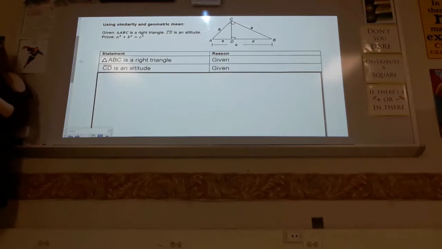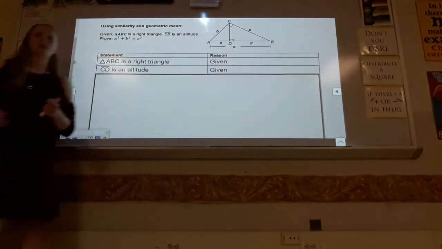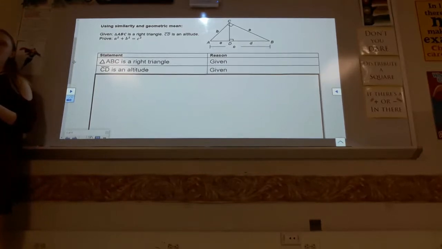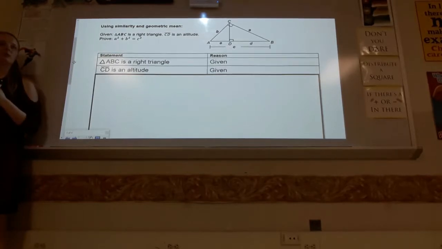So if we know that this is a right triangle and this is an altitude, you guys remember what the right triangle altitude theorem says? I know we didn't really talk about the name very much, but do you remember the very first thing that we learned when we saw this picture? What does the altitude do to the big triangle?